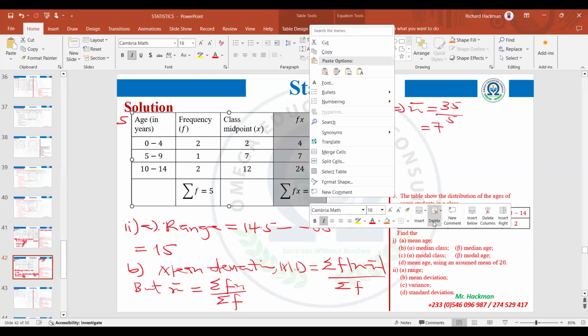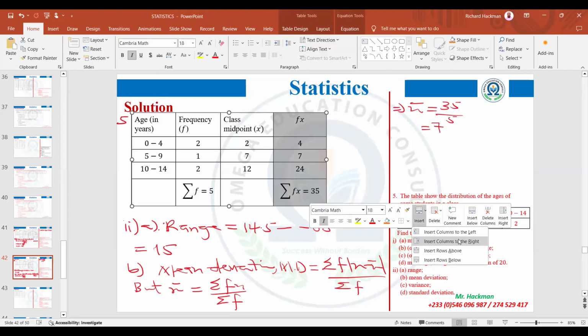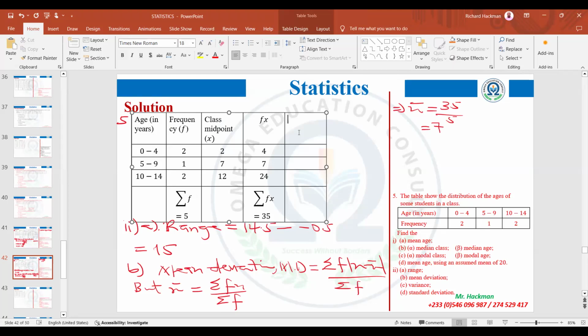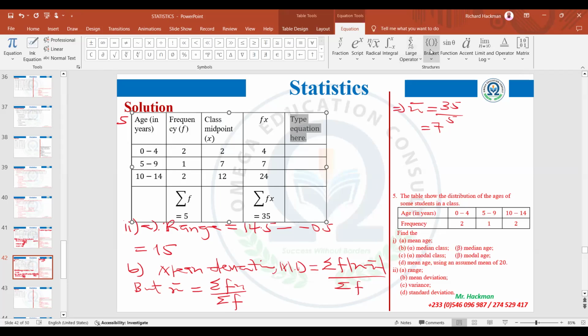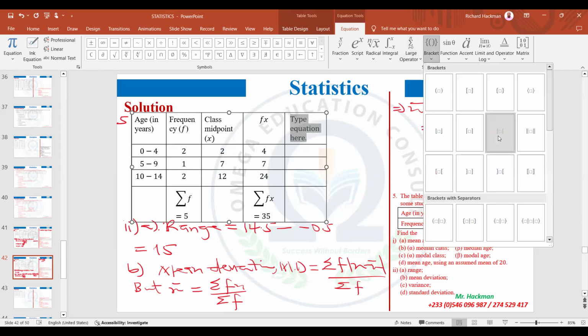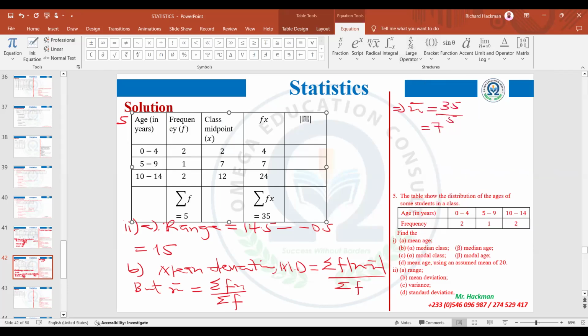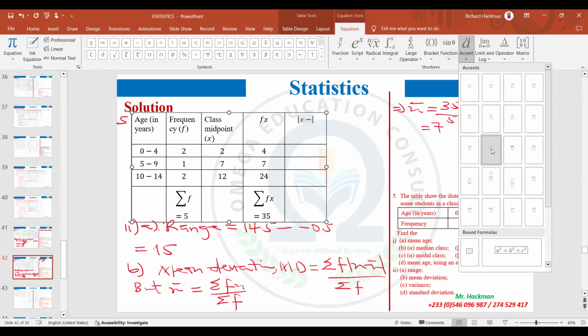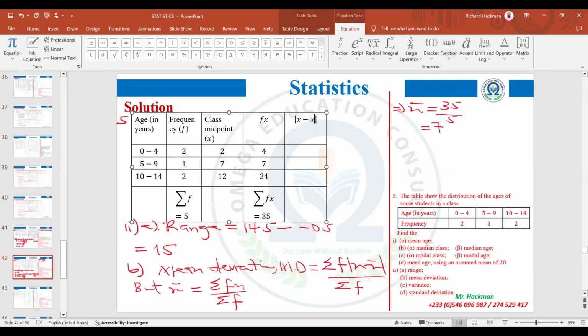Insert a column. Don't mind if it changes, I will deal with it later. So we are going to look at X minus X bar absolute. Let me go for my absolute value, then type the X minus X bar. Take note.